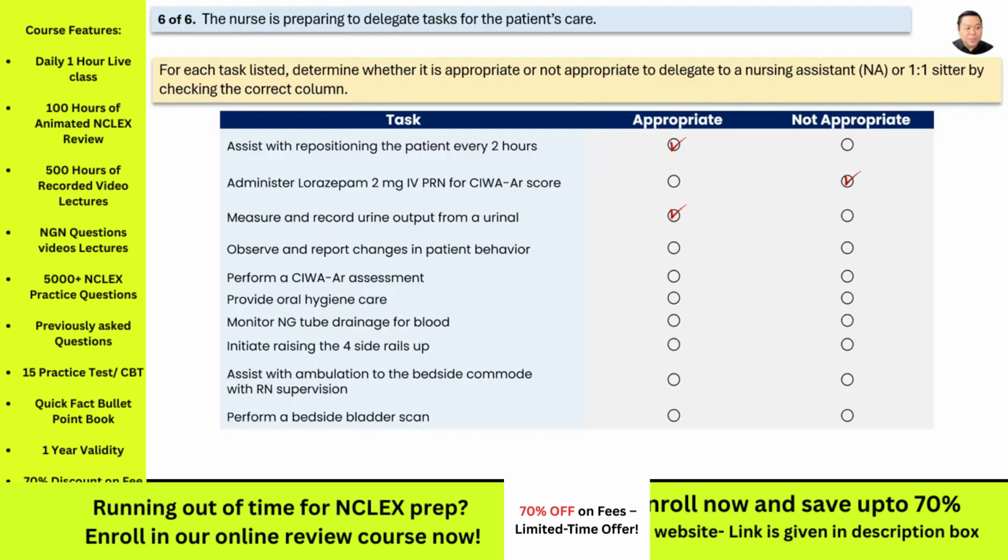Fourth, observe and report changes in patient behavior. Is it appropriate? Not appropriate. Well, of course, this is appropriate. Both nursing assistants and one-to-one sitters are expected to observe the patient continuously and to report any noticeable changes in the patient's behavior. Maybe increased agitation, increased restlessness or confusion, or maybe decreased level of consciousness.